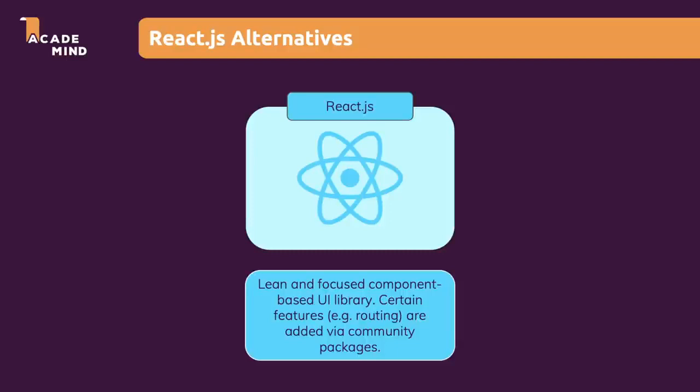If you need other features like routing, which we are going to learn about in this video, then you need to bring extra third-party packages. That's not horrible, but it is something to be aware of. React itself is really just focused on bringing stuff onto the screen and updating that for you and allowing you to build these custom HTML elements, these components. That's the core focus of React.